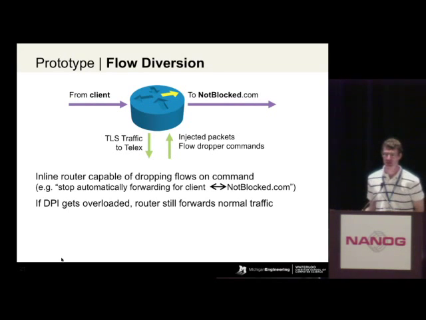The flow diversion component is basically a bump in the wire. It's the inline switch in the ISP, if you will. And it gets to see all the traffic between the client and the not blocked websites. And in order to make it so that when Telex was under load or under denial of service or something like that, or was in a failure mode, we still want to route packets, we still want non-Telex connections to go through just fine and be unimpeded, we made it so that this router is able to be commanded to block flows once the tag recognition sees something that it notices is a Telex connection.